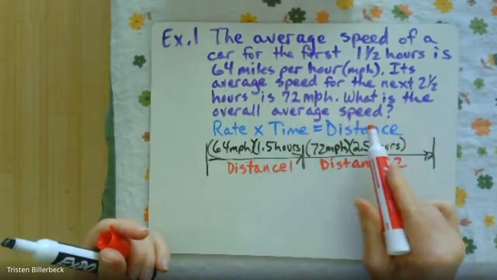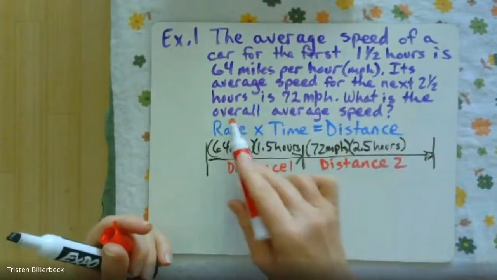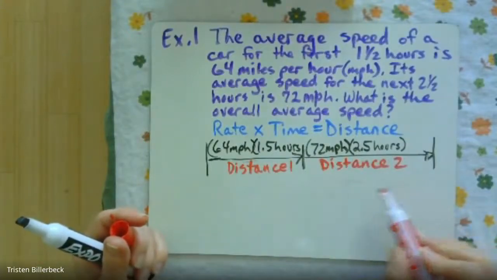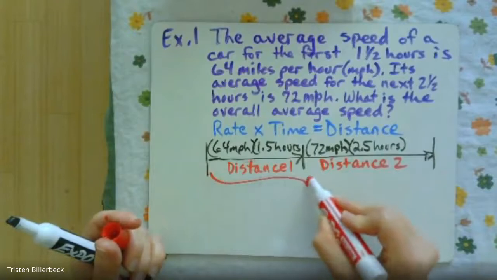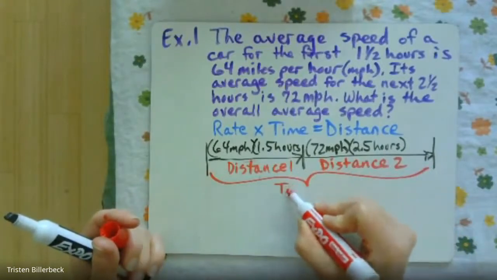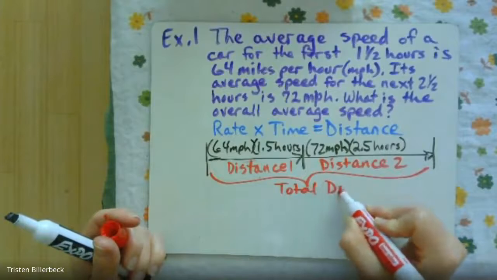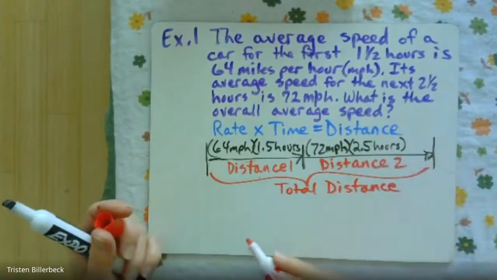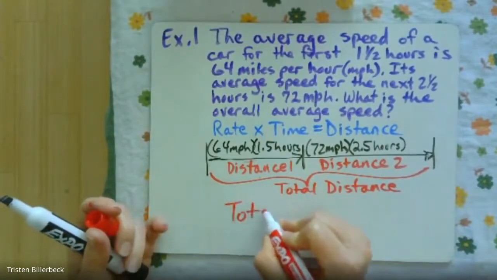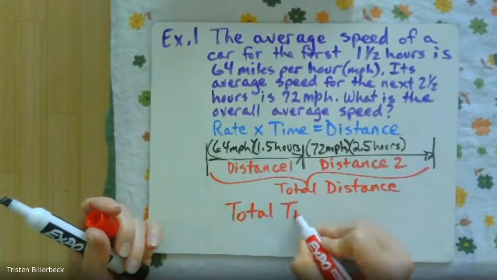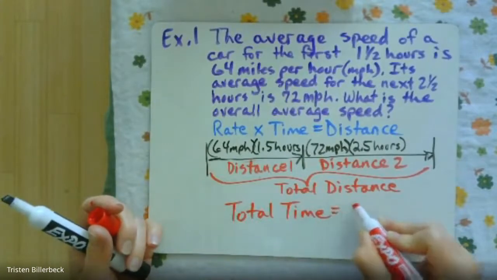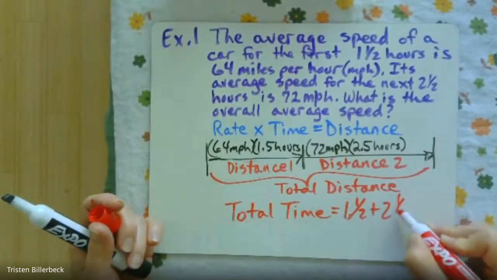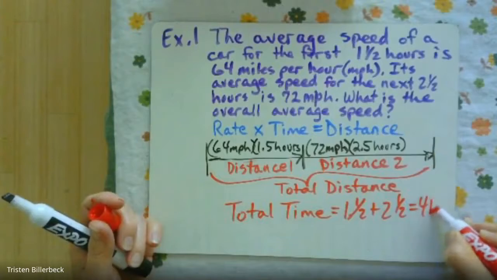So it wants us to find the overall average speed. We want to find the total distance, which is this whole thing. And we know the total time is 1 1/2 plus 2 1/2, which gives us 4 hours.